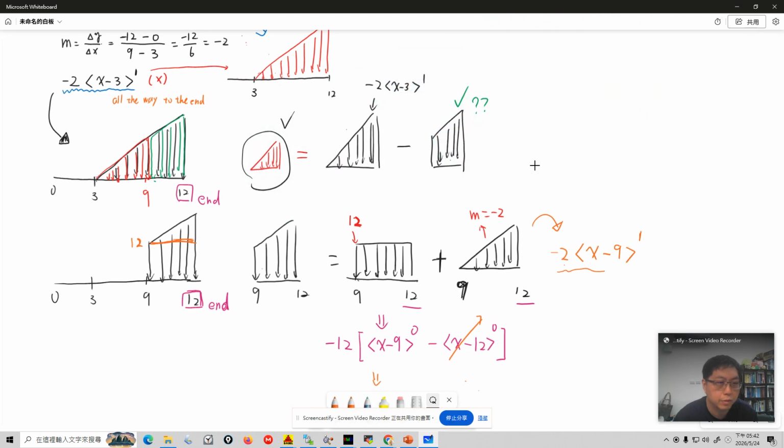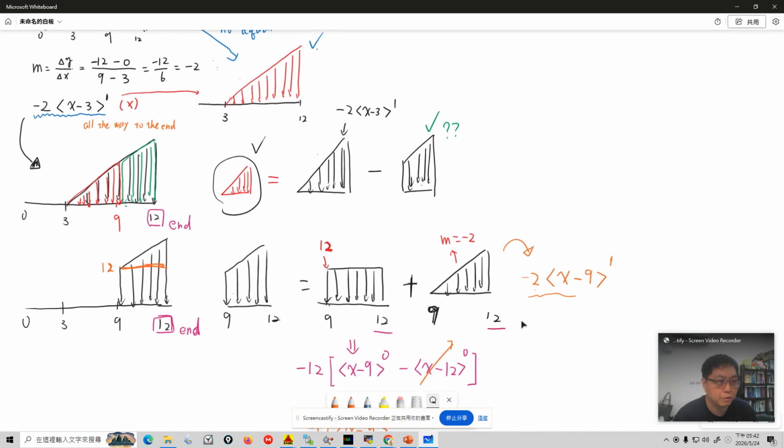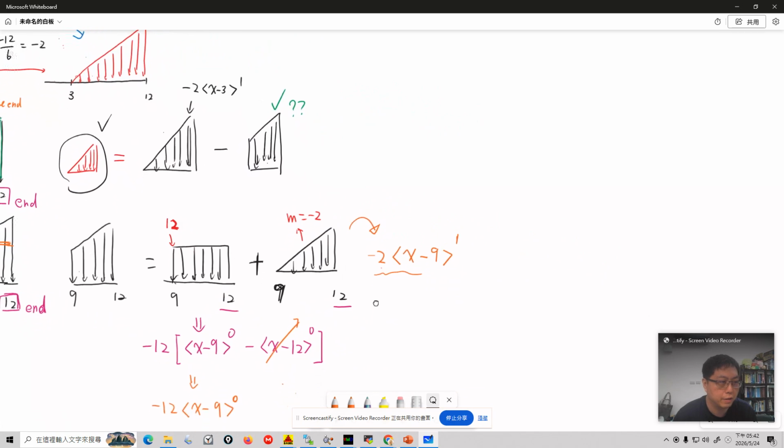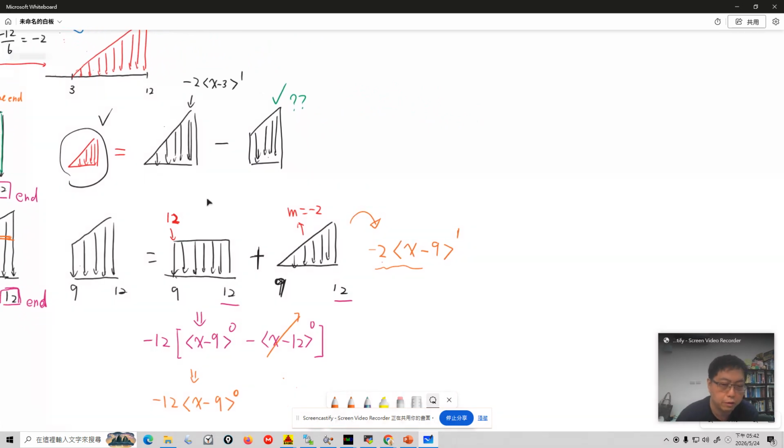Maybe just put it here. This small red triangle is the answer we want to know. We already know we need to use the larger right triangle here minus the trapezoid.